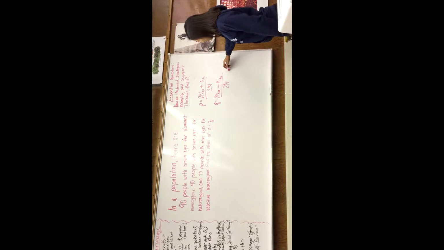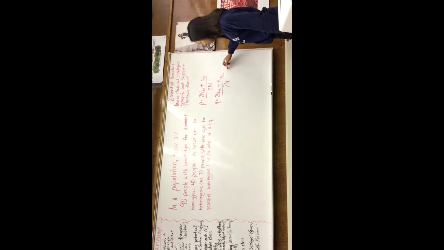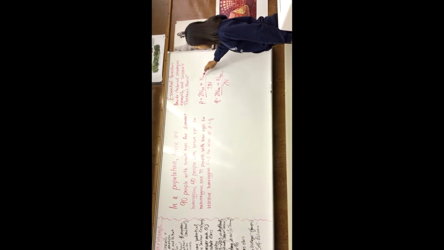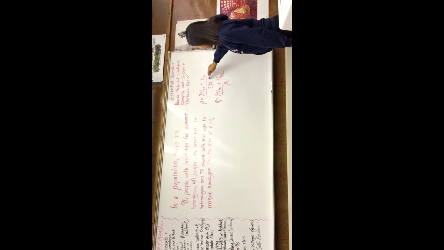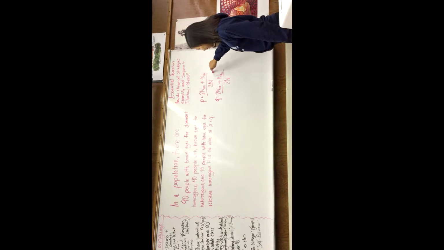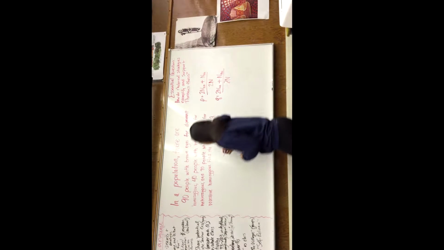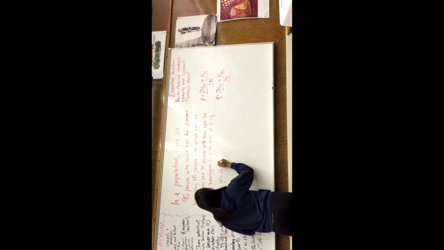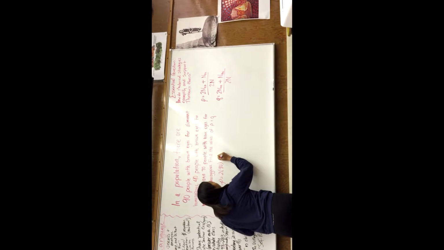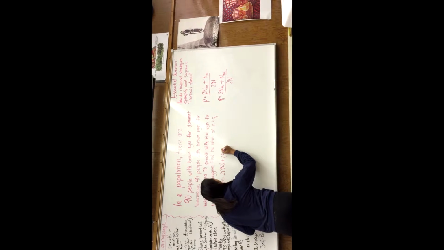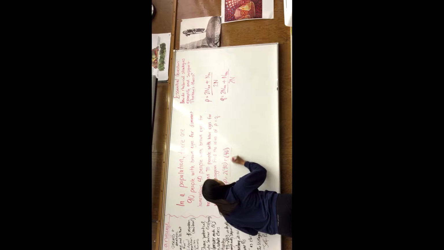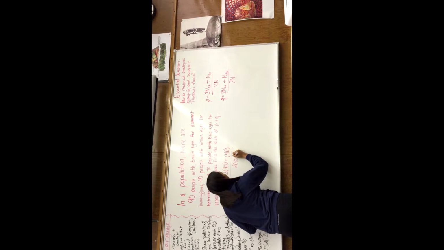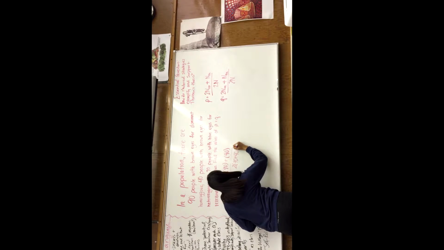These two equations are the ones you would use to find the values of p and q. You'd use 2 times the number of dominant homozygous plus the number of heterozygous, over 2 times the whole number of the population. So for the value of p, we have 2 times 90 plus 40, over 2 times the entire population, which is 90 plus 40 plus 70.